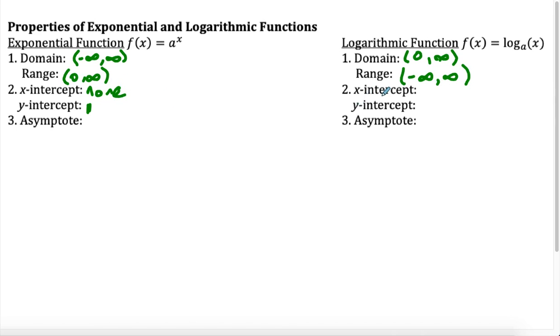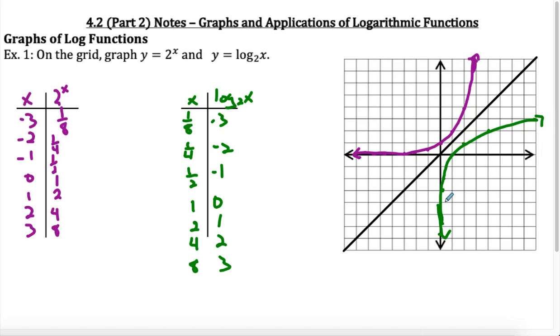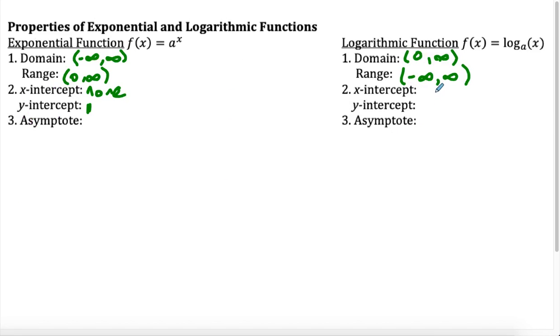Then it's just going to be the opposite for a log, right? If we go back to our graph, the x-intercept of a log is at 1, but there is no y-intercept because the y-axis, the line x equals 0, is a vertical asymptote. So x-intercept of 1, no y-intercept.